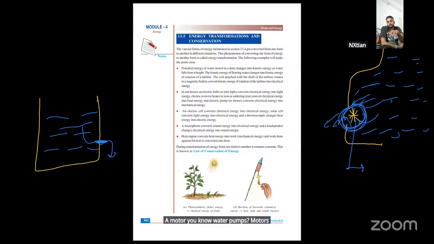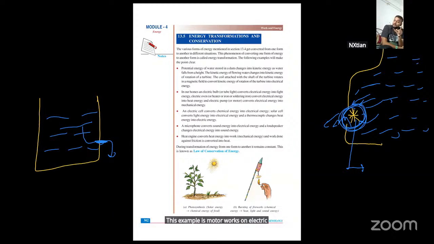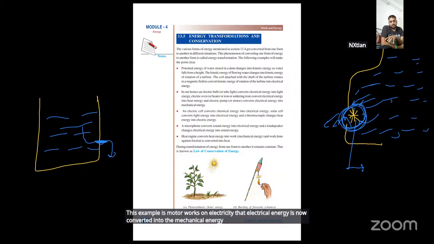A motor takes the water from underground and puts the water onto the rooftop with the help of motor suction. This motor works on electricity. That electrical energy is converted into mechanical energy because it is raising the water to some height. So that is called potential energy, basically mechanical energy. So the motor converts electrical energy into mechanical energy. Yes or no?